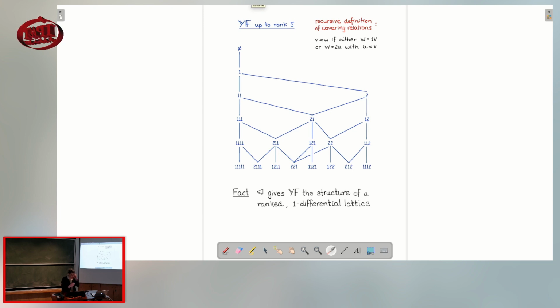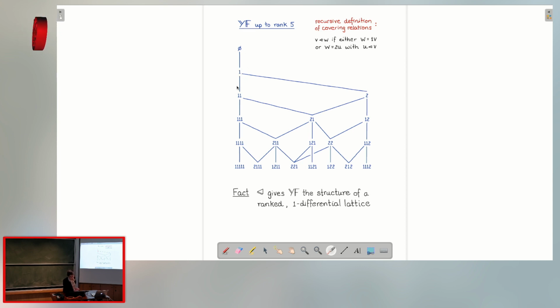So here's a picture, again up to rank 5. Rank 5 is down here. You start with the empty Fibonacci word, right? And then there's only one thing you can do to get the unique Fibonacci word of size 1, which is to prefix the empty word with 1. So we get 1.